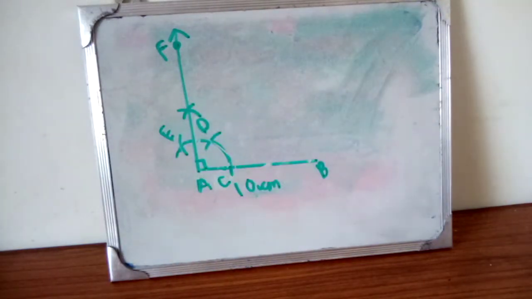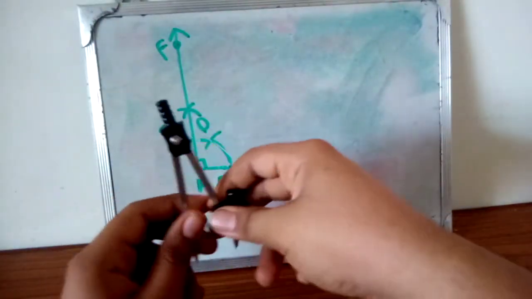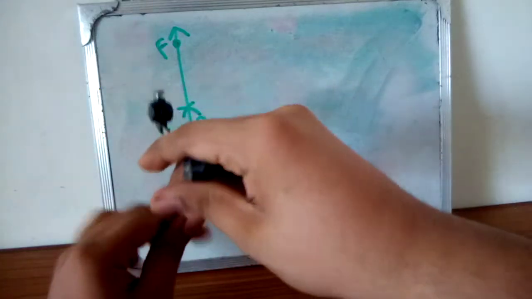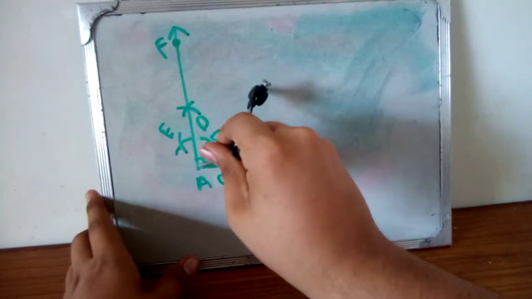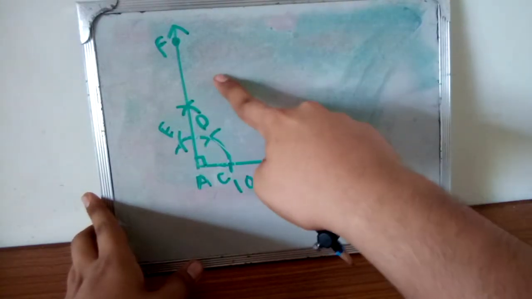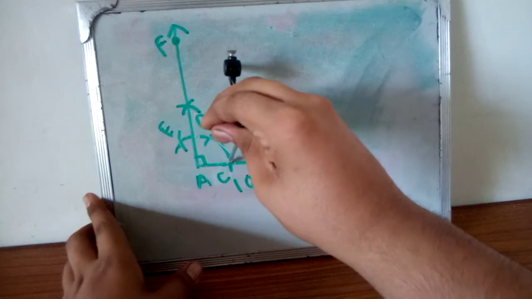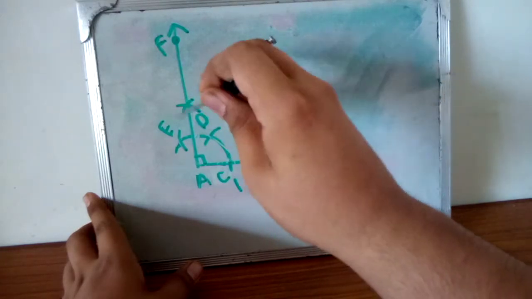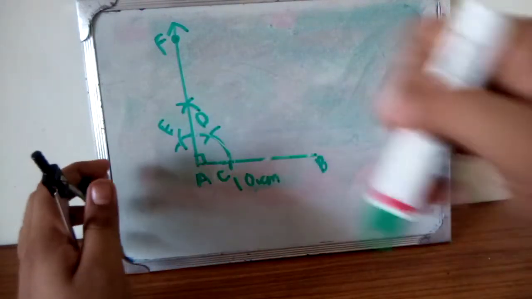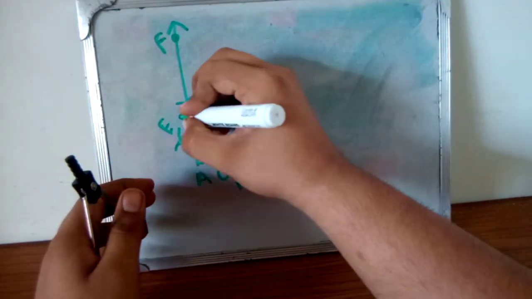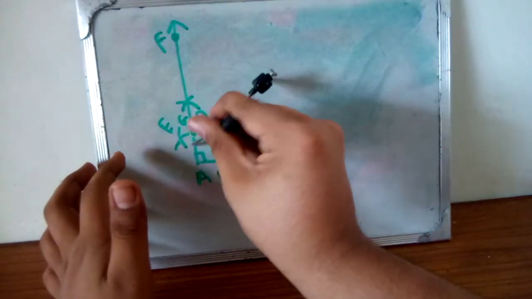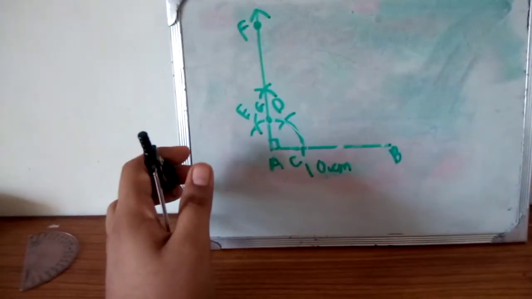So the steps are: take your compass and with the radius more than half of AB, keep the compass tip at point C and make an arc, and then keep the compass tip on point G. This is point G. Keep the compass tip at point G and make an arc to intersect the previous drawn arc.